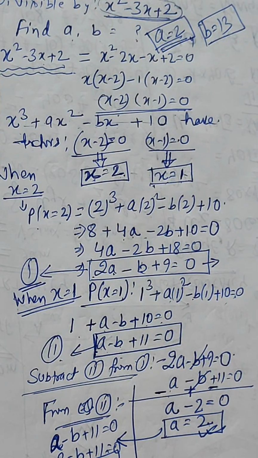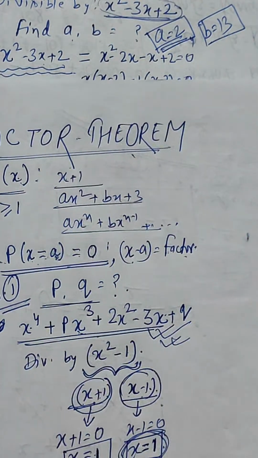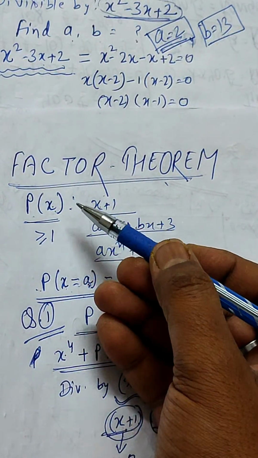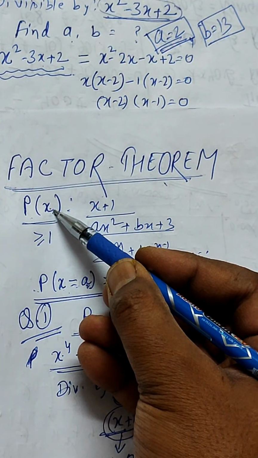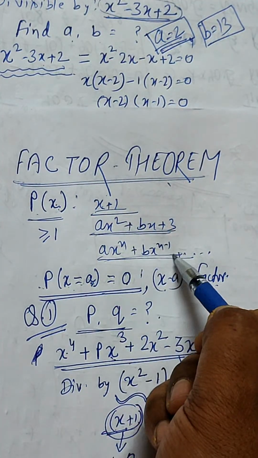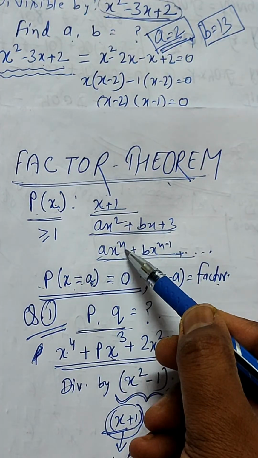Okay. Factor theorem, basically this is covering topics from class 9. And here, as I said, if p of x is a polynomial of degree greater than or equal to 1, then the polynomial will be looking like this. The power of x can be any number, so it can be n.